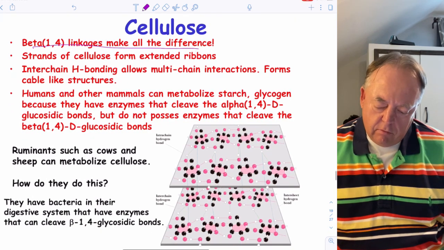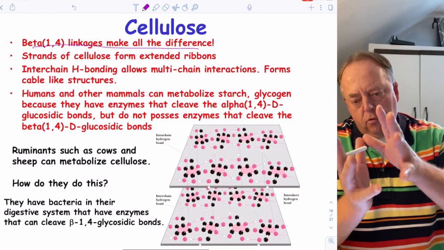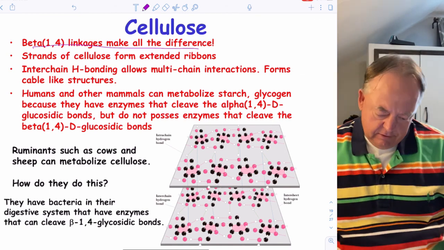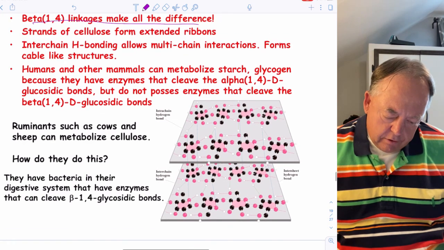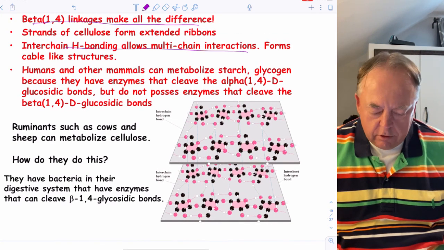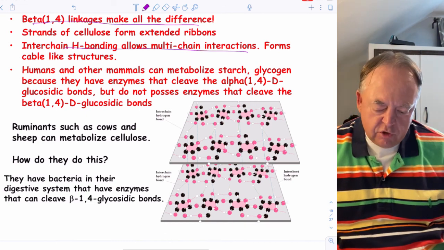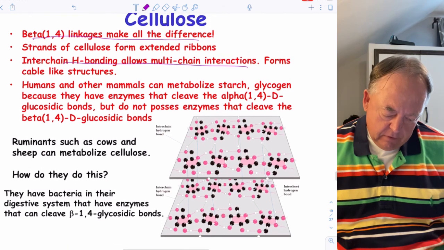It gives the molecule a more linear form, and so two molecules can get closer together, and then they can form stronger hydrogen bonds. So that interchain hydrogen bonding is what gives the structural aspect to cellulose.